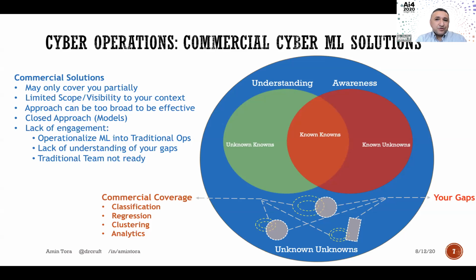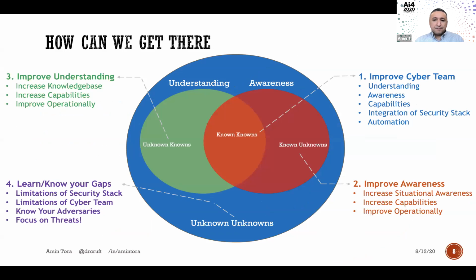And the traditional team is not ready. In this diagram, down in the unknowns, there are areas that an adversary may be utilizing to attack you. This is dynamic and changing, so it's not constant. So it's difficult to have a silver bullet solution in a sense.